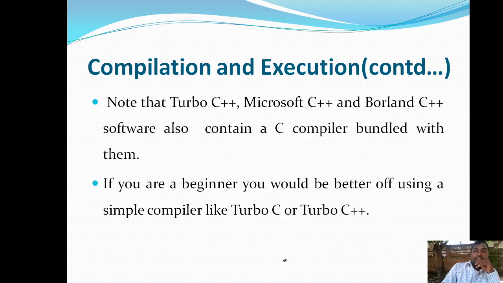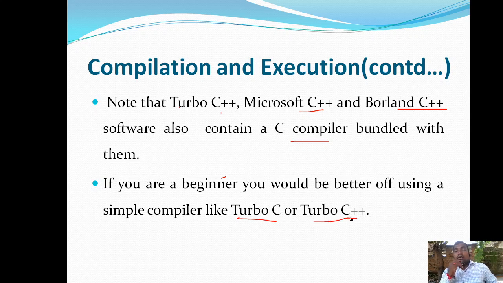One thing to note is that the Turbo C++ compiler, Microsoft C++ and Borland C++ software also contain a C compiler bundled with them. If you are a beginner, you would be better off using a simple compiler like Turbo C or Turbo C++.